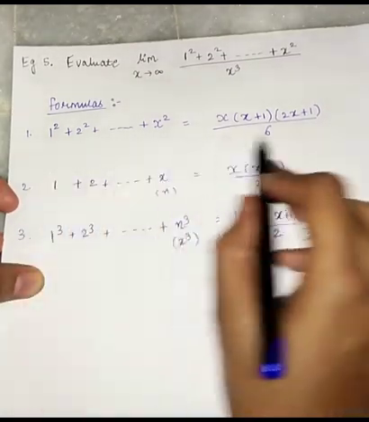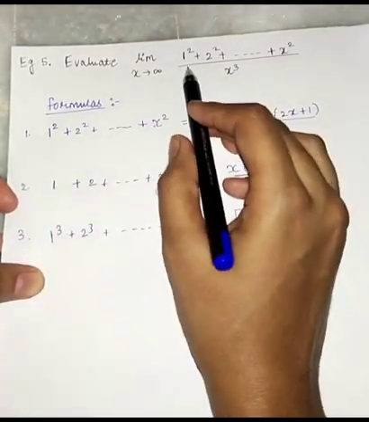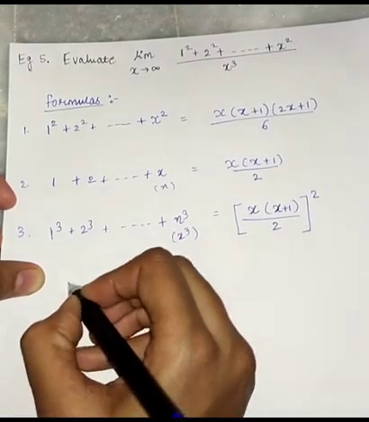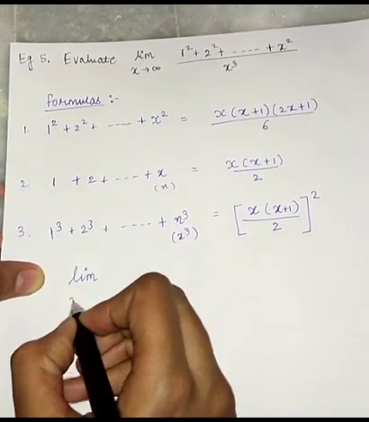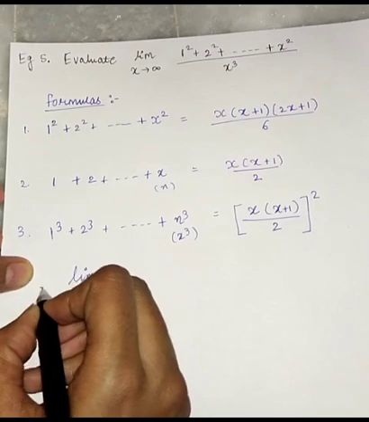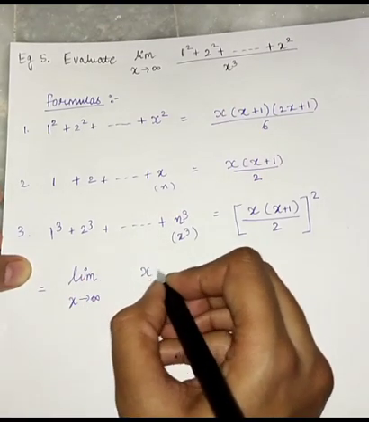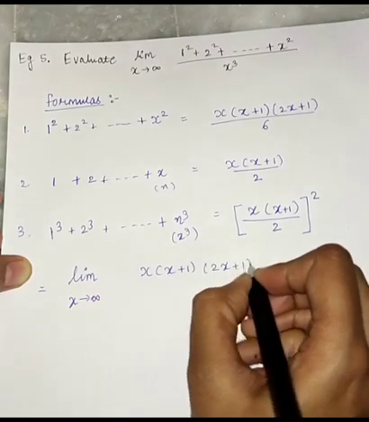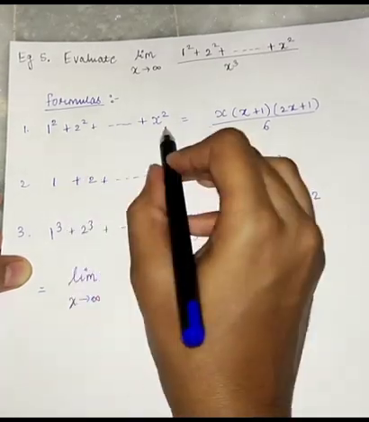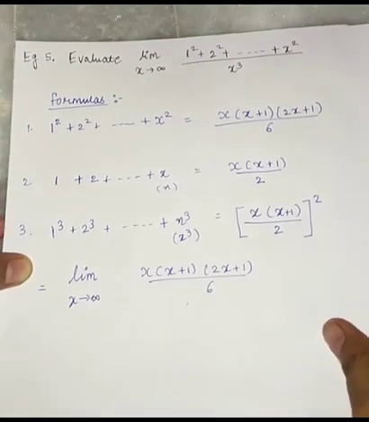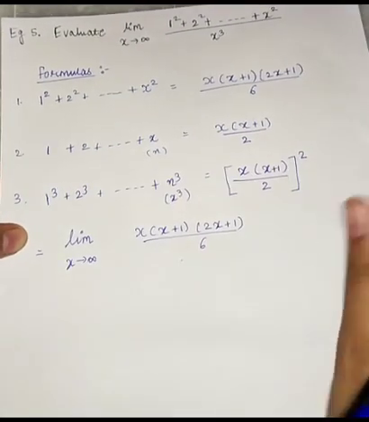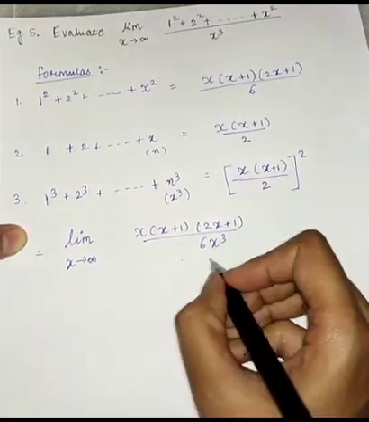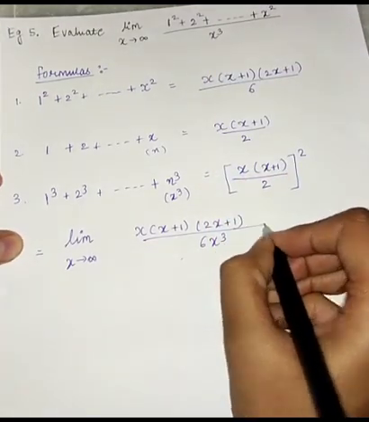But here we will apply this formula because the question is in up to x square terms. So limit x tends to infinity, x into x plus 1, you have to directly write this formula here and then further solve. 6x cube will remain as it is in the denominator part.